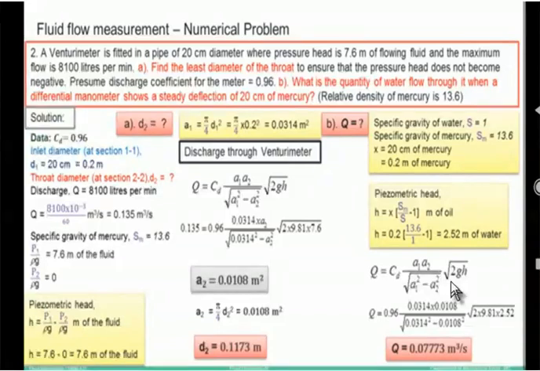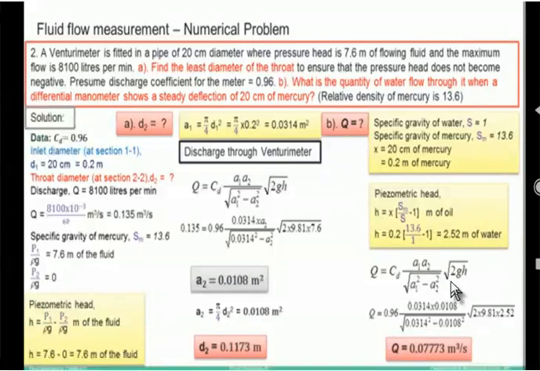First, A: find the least diameter of the throat to ensure that the pressure head does not become negative. Presume the discharge coefficient for the meter is 0.96. Next, B: what is the quantity of water flowing through it when the differential manometer shows a steady deflection of 20 centimeter of mercury. In the bracket he has given that the relative density of mercury is 13.6.